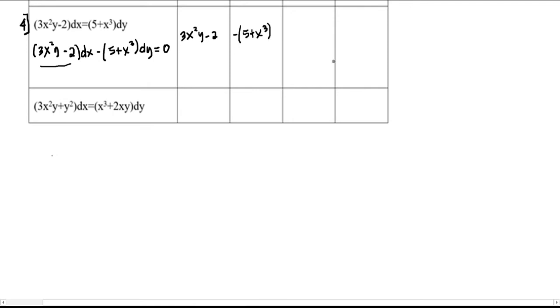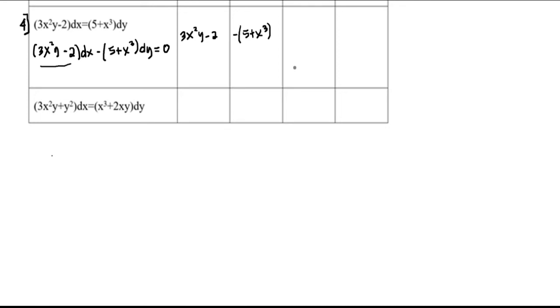Take note, in answering this question, usually the common mistake is this sign negative. Most of the students forget to copy or to reflect the sign negative for the n term. So please be careful. You have to write the negative.